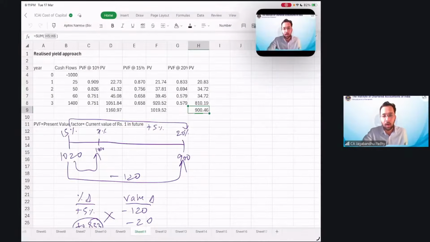Anyways, I think you can see the query over here also. So flotation cost will always be on issue price; if issued at premium, then deduct as a percentage of premium value. Yes, Asta, you're absolutely correct.